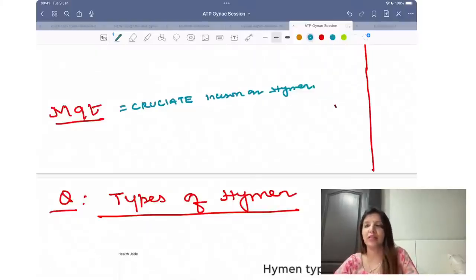In transverse vaginal septum cough impulse is not present. Number 2, if they ask you what is the investigation of choice to differentiate between them, normally you can differentiate between them clinically, but if you have to answer an investigation of choice, then that is MRI, right? That is for NEET PG, not required for FMGs.